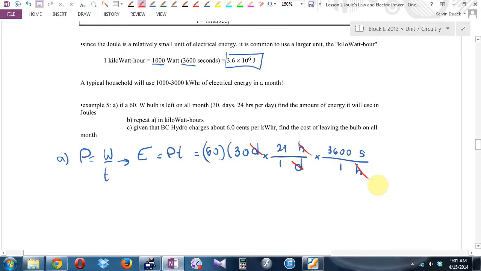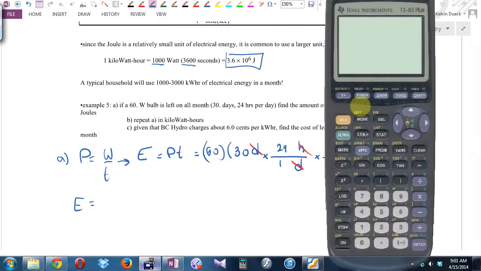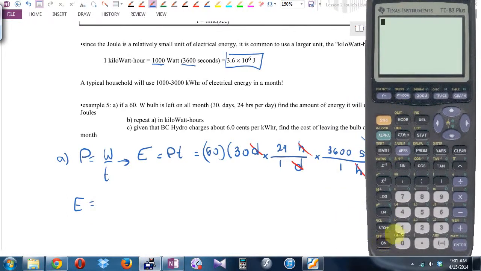Okay. How many joules of, not power, Mr. Dueck. How many joules of energy, if you leave a light bulb, a 60-watt bulb on, for an entire month, how many joules of energy will it use? 60 times 30 times 24 times 3,600.